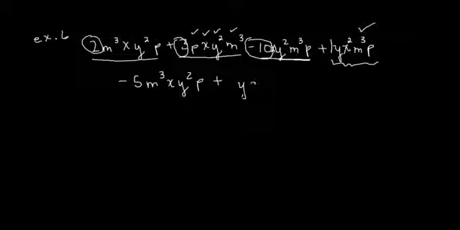So we just write this y x squared m cubed p. Sorry for frustrating you for leaving that out. If you did the problem, you would just have these two added together and then you would have these two not added together. So that is how you add like terms.